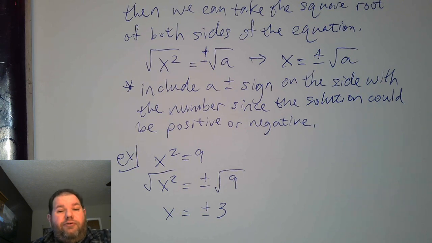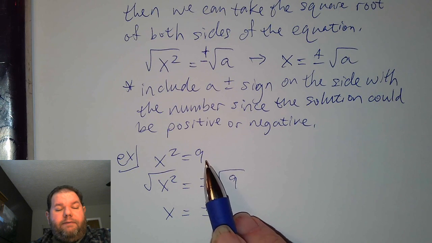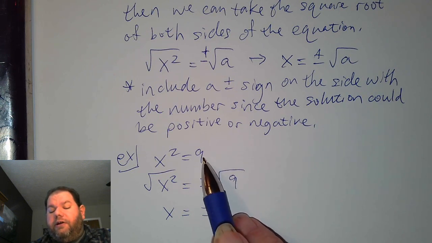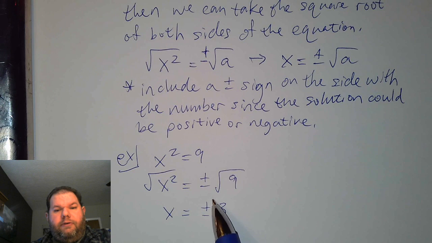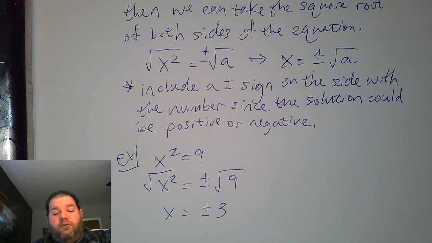Now, not only is it true that 3 squared is 9, it's also true that negative 3 squared is 9 as well. Whether we take positive 3 times itself or negative 3 times itself, the result is still a positive 9. So that's why both of these solutions, the positive 3 and the negative 3, are possible. It's because when they are squared, they both become positive, if not already. Okay?